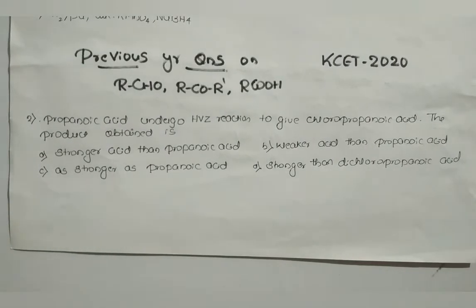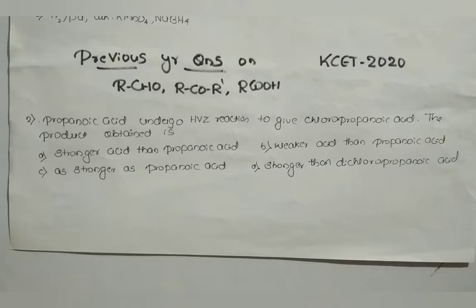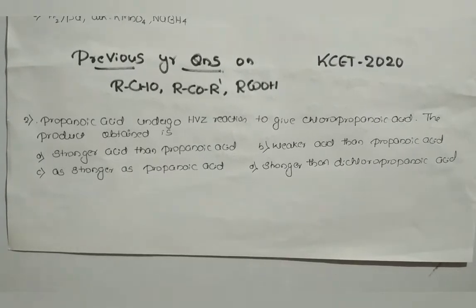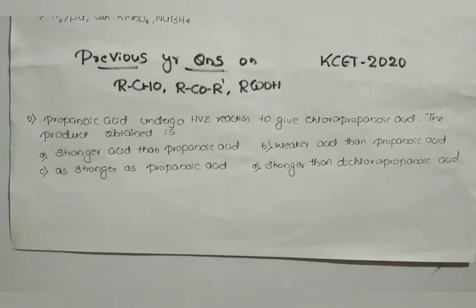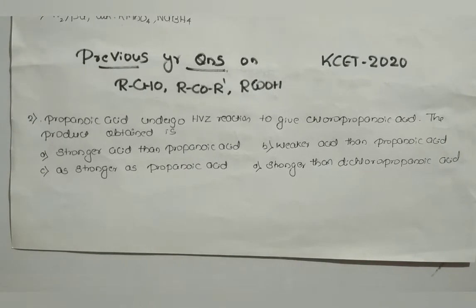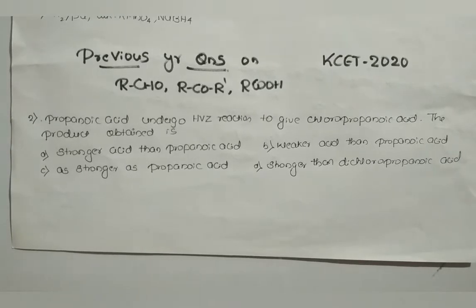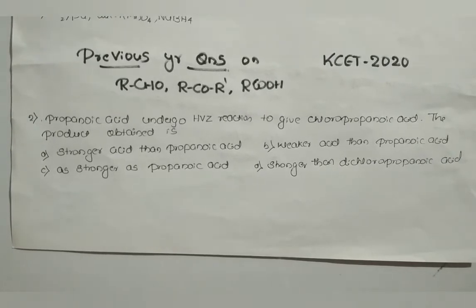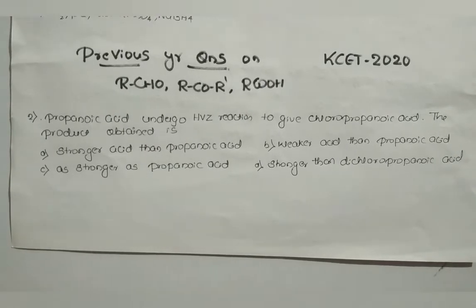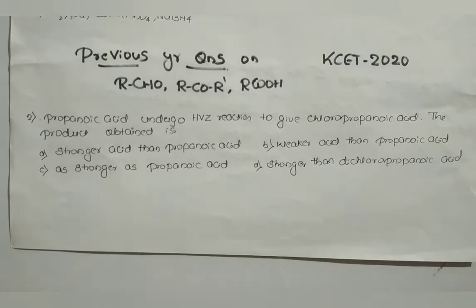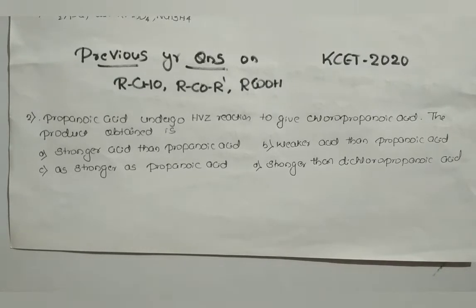In that one I have mentioned some of the reactions. Yesterday I uploaded a named reaction video, and in that, if you have seen, I discussed the HVZ reaction. So HVZ is nothing but what? The Hell-Volhard-Zelinsky reaction. It is simply the halogenation of a carboxylic acid to give an alpha-halocarboxylic acid.